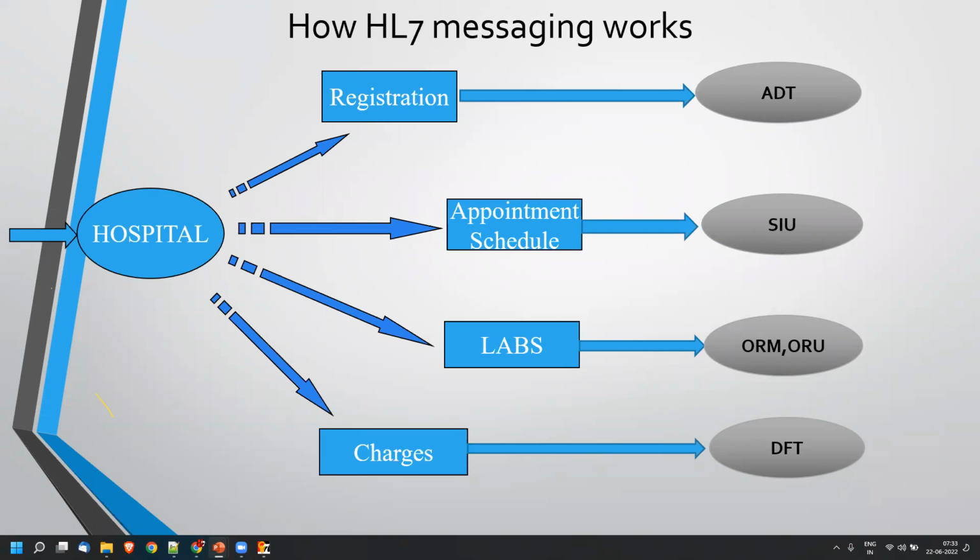If the HL7 message has SIU, then we are looking at an appointment related message. And if we are seeing ORM in the HL7 message structure, then we could say that we are dealing with an order related HL7 message, or we are reading through an order related HL7 message structure.